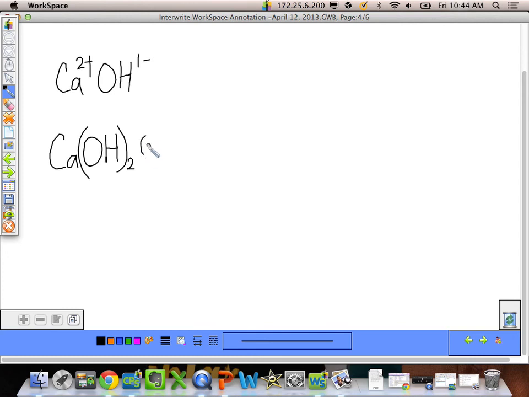Okay, this is aqueous, dissolved in water, so I'm just going to put that there. We've already done that whole water thing, identifying which one's an acid and a base from the Bronsted-Lowry. We know this one's a base. Ca(OH)2, and let's react it with some phosphoric acid. So hydrogen is a 1+, and then the phosphate ion, show me with your fingers what the charge of the phosphate ion is.